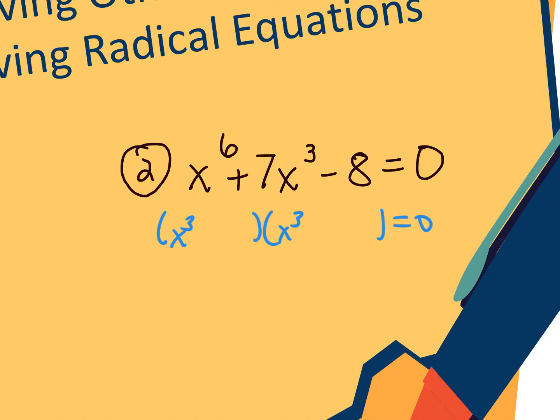What are the factors of negative 8 that multiply to give you negative 8 but add to give you 7? Plus 8, minus 1. You guys agree? Both of these are what? So you can factor both of those. X plus 2, and then x squared minus 2x plus, right?